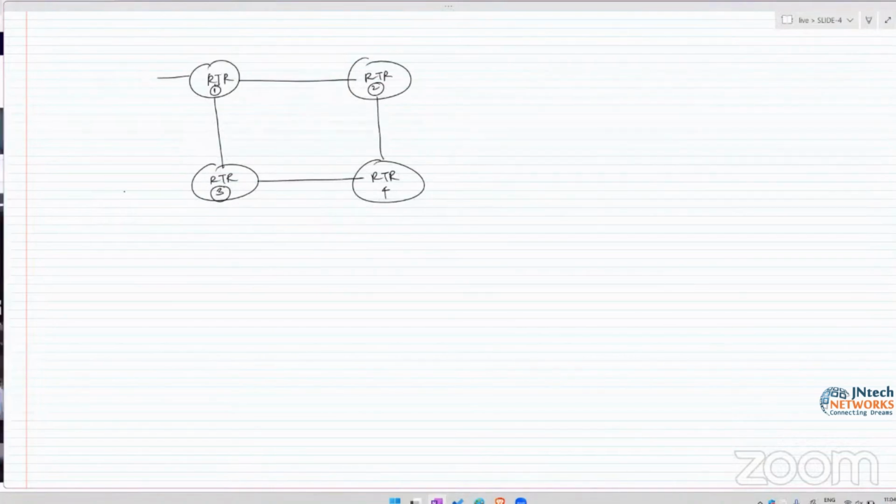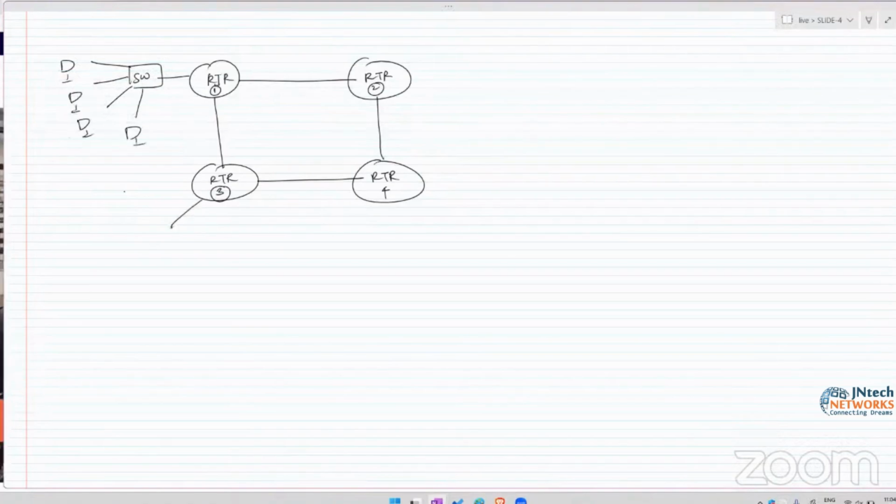For example, it's a small diagram. You have router number 1, router number 2, router number 3, and router number 4, each router connected in this way. Clear? Now this router is connected with a switch, and the switch is connected with some LAN users.